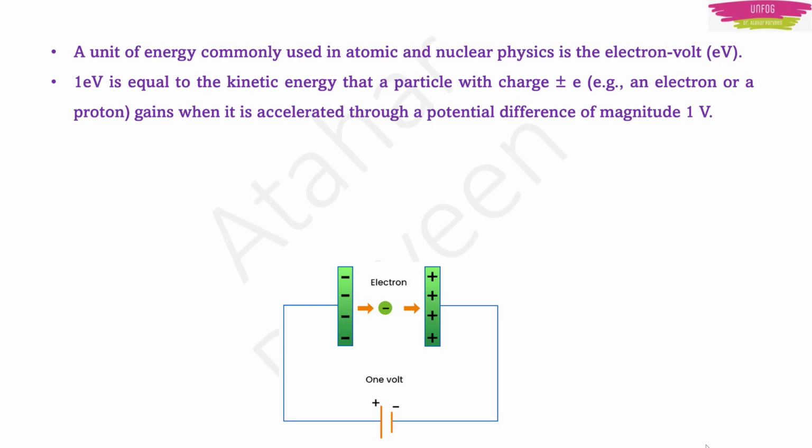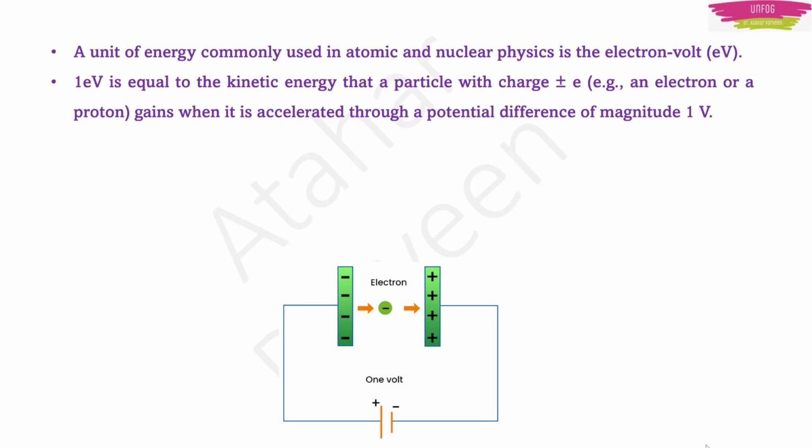This charged particle can be plus e or minus e, I mean the charged particle can be an electron or a proton. So if you accelerate that electron or proton through a potential difference of magnitude 1 volt, the kinetic energy it gains is nothing but your electron-volt.